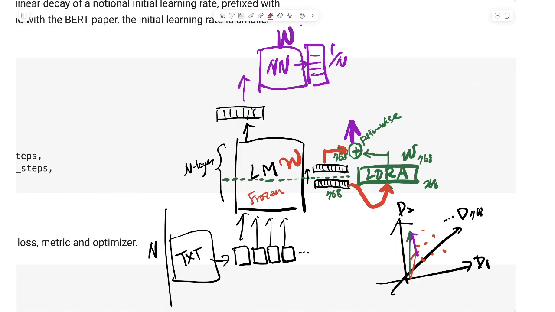The green one added to the red one becomes the purple one. So it will move the original data point, which is the red data point, to some other place in the same space.